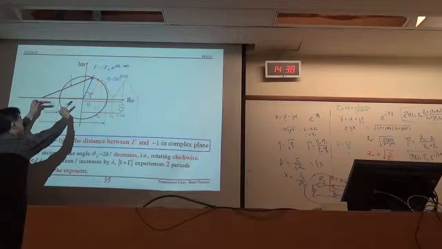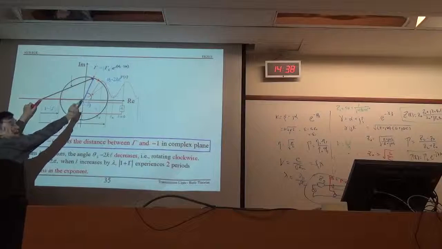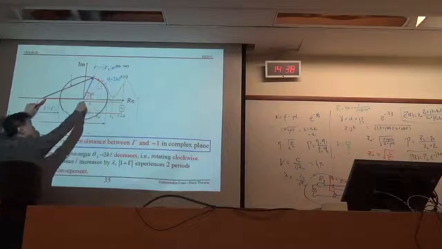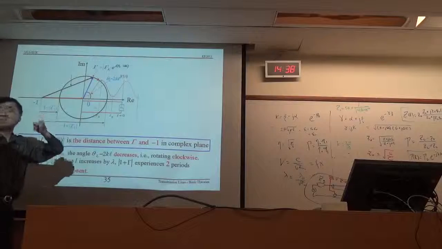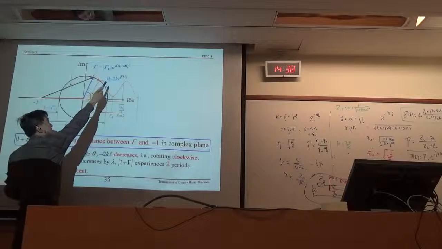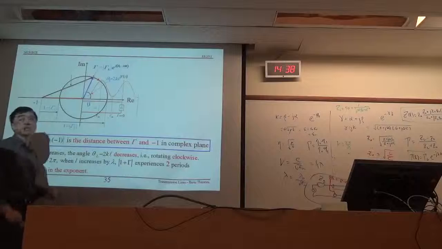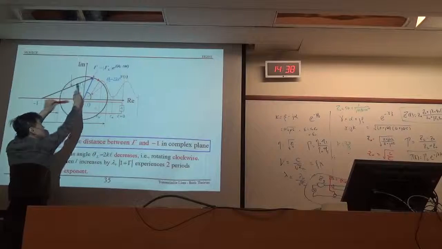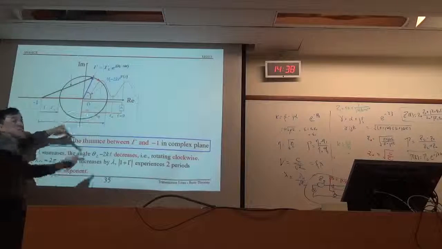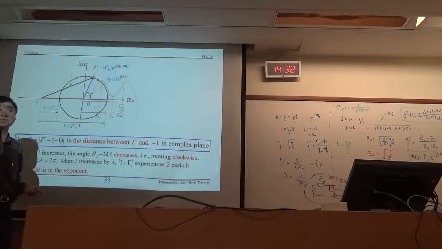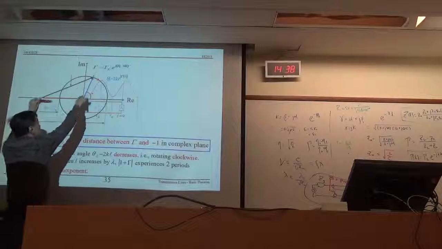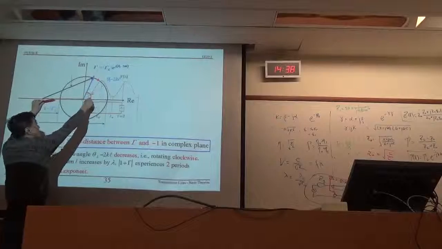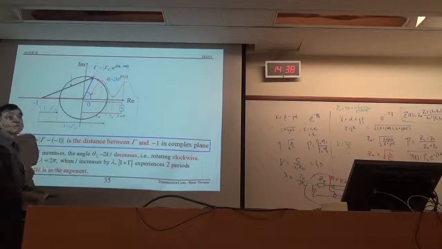So when this is fixed, this length is 1, this length is gamma, and when gamma is rotating, that means when you change the value of Z or you change the value of L, this one will be rotating like this. It will describe a circle because the gamma L magnitude is constant. So you can see that when the two are in line, in phase, it becomes a maximum. When the two are out of phase, it becomes a minimum.